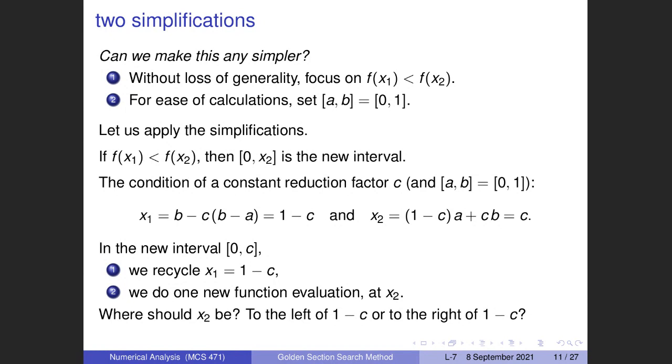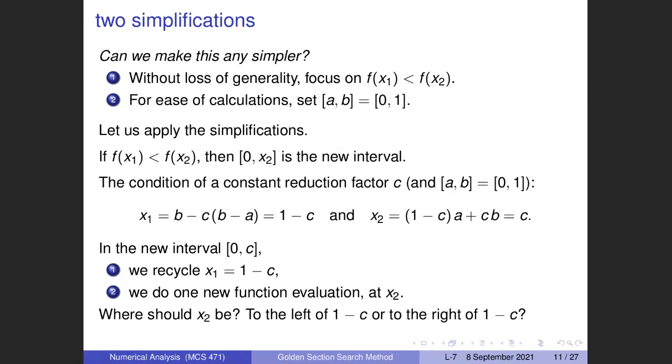So we have the general formulas for x1 and x2. So the reduction factor is actually now the length of the new interval. So that means that x2 is the reduction factor c and x1 is 1 minus c. So now I do need to make the picture again.